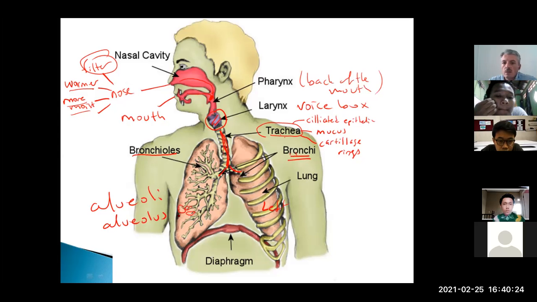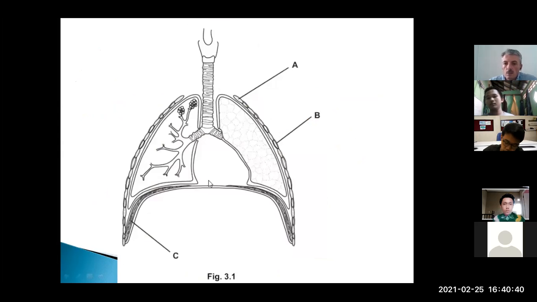Okay, so this is the path to alveolus. You need to know the path, like nose, pharynx, larynx, trachea, bronchi, bronchioles, and then alveoli. Let's look at this one here. This is more clear. Like this, larynx is here, trachea, bronchus, bronchiole, and then alveoli.